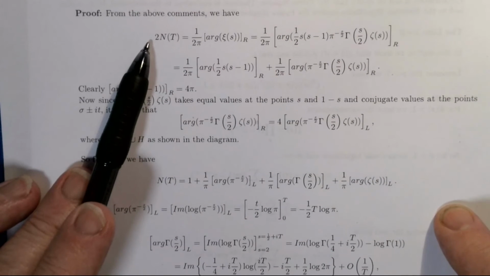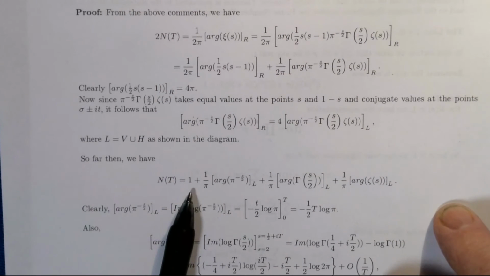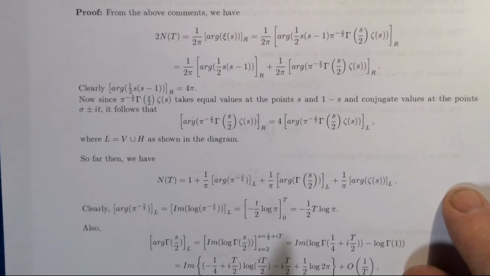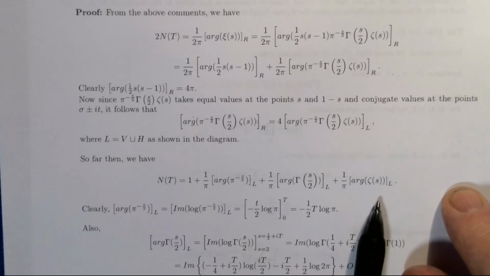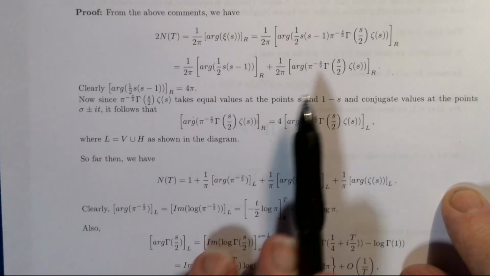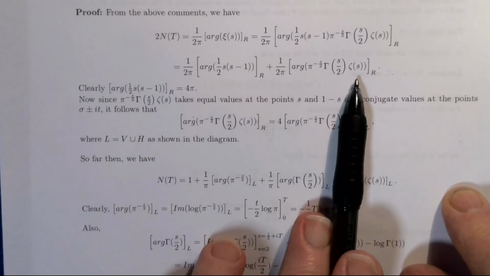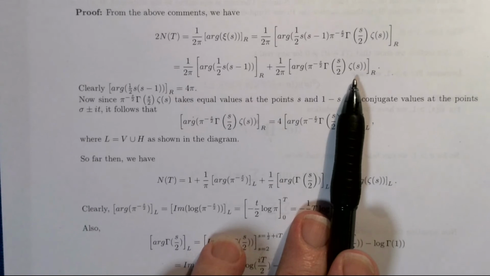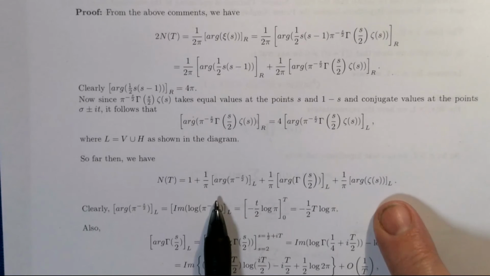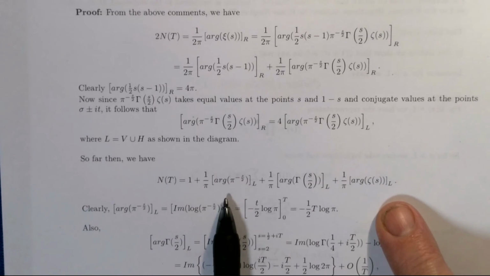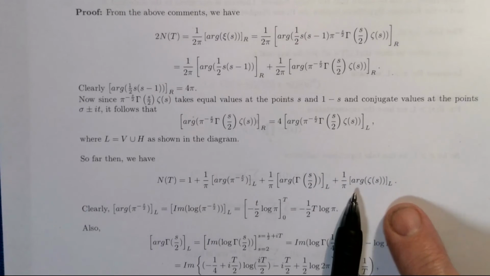So that's going to get me back to a 1, and then just dividing, I get 1 on pi, and I'm going to split up the 3 terms in here. So back up here, I split the 3 terms into 3 bits using the argument of the product is the sum of the arguments, and so I get this expression here. So now I'm going to look at each of these in turn.